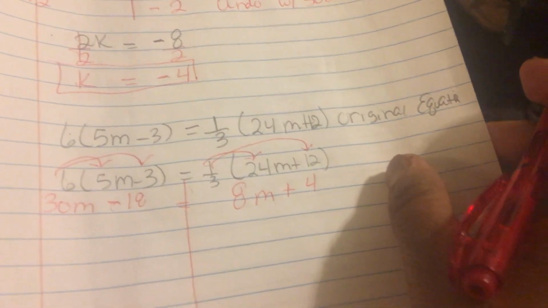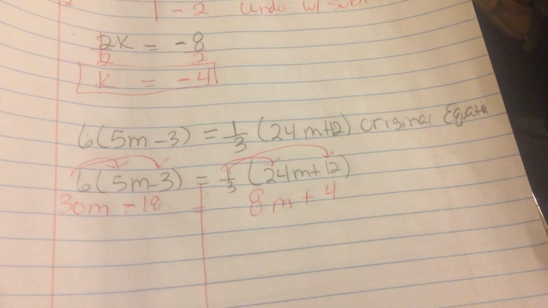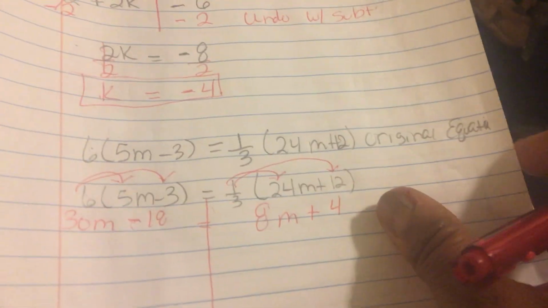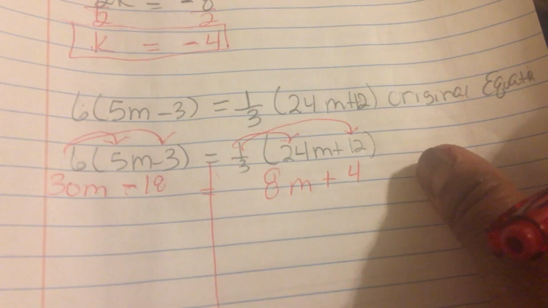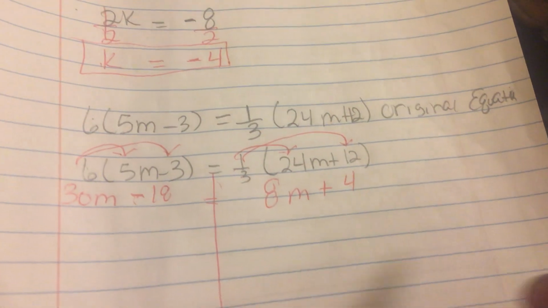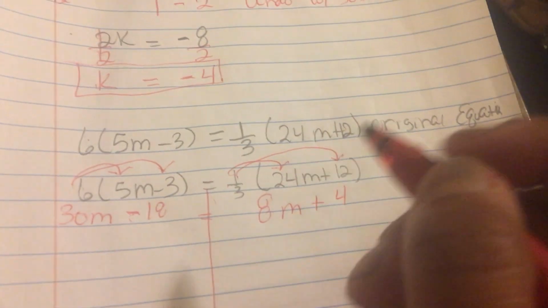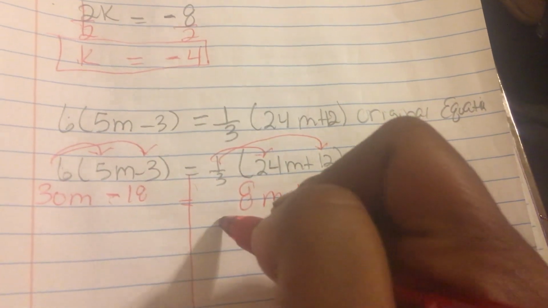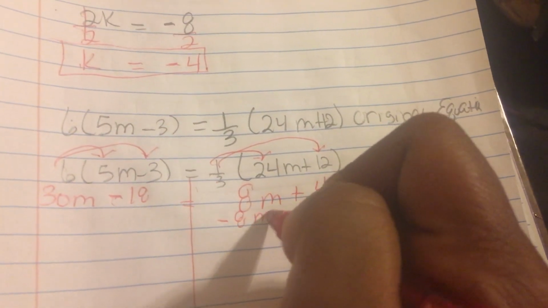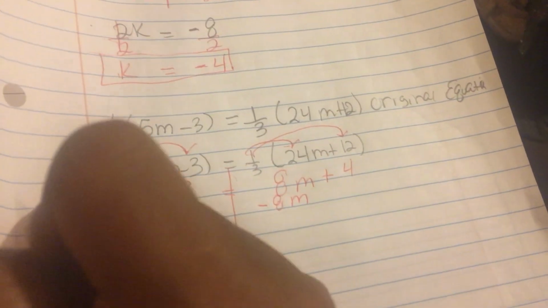All right, so we have variables on both sides. We want to get our variables on the same side. So we're going to move the 8m to the left side of the equation. We're going to do that by subtracting 8m on both sides.